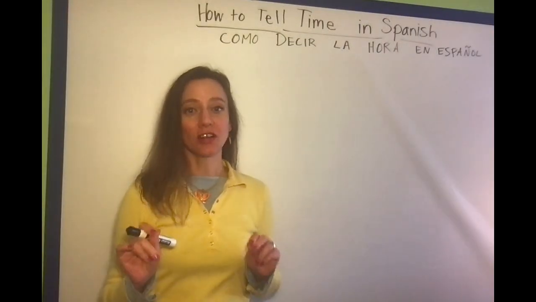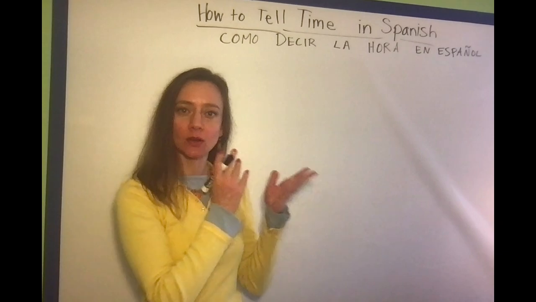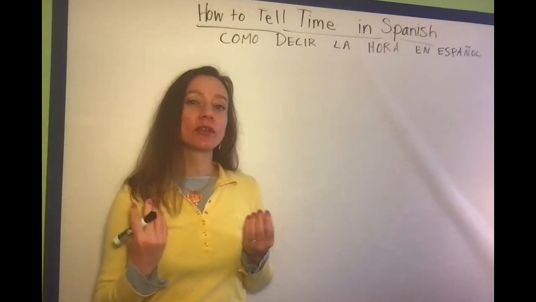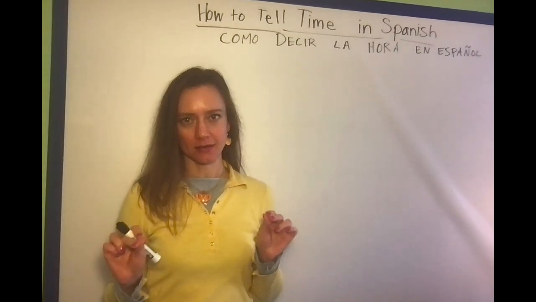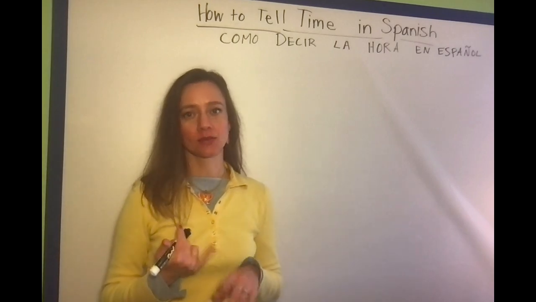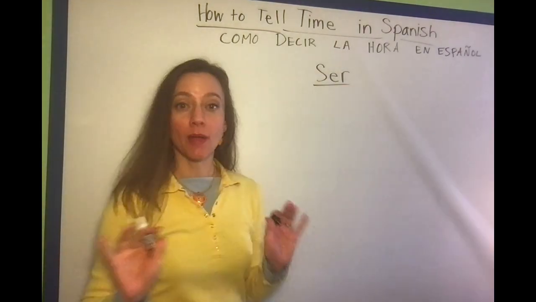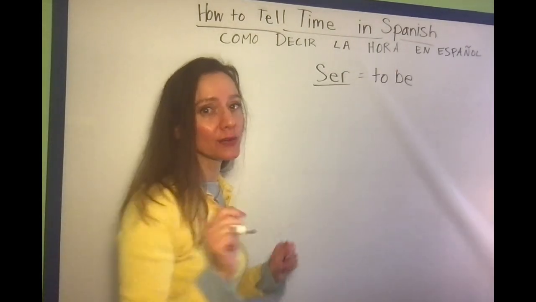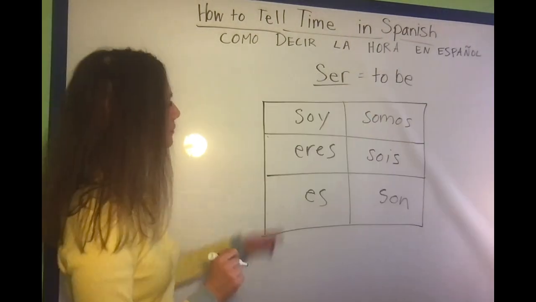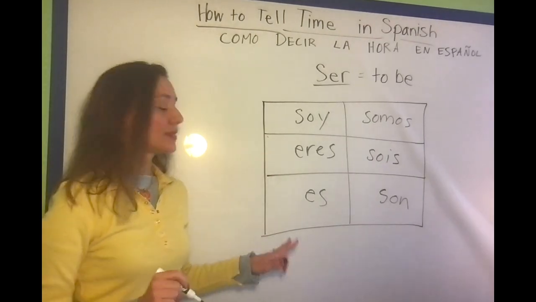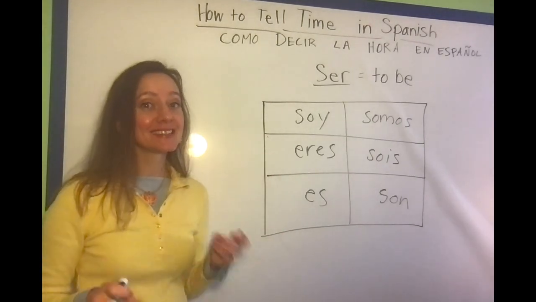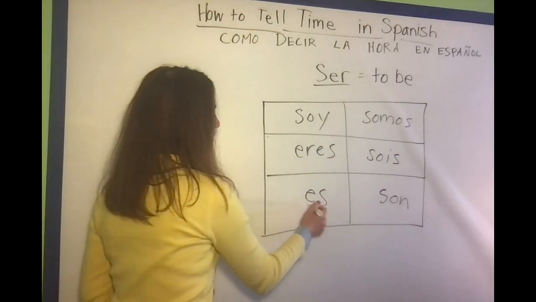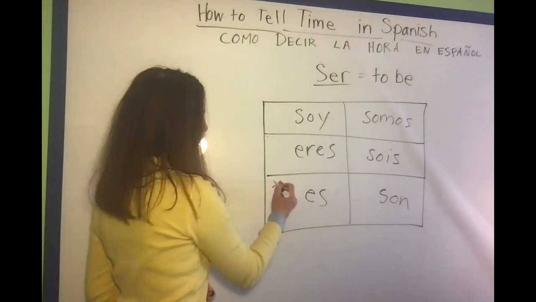Okay, so to start off, we need to know that when we're talking about time in Spanish, we're going to be using the verb ser, to say is or are. We remember that ser means to be. And if we remember our verb chart, when we are going to say it is, we use this one right here, es.